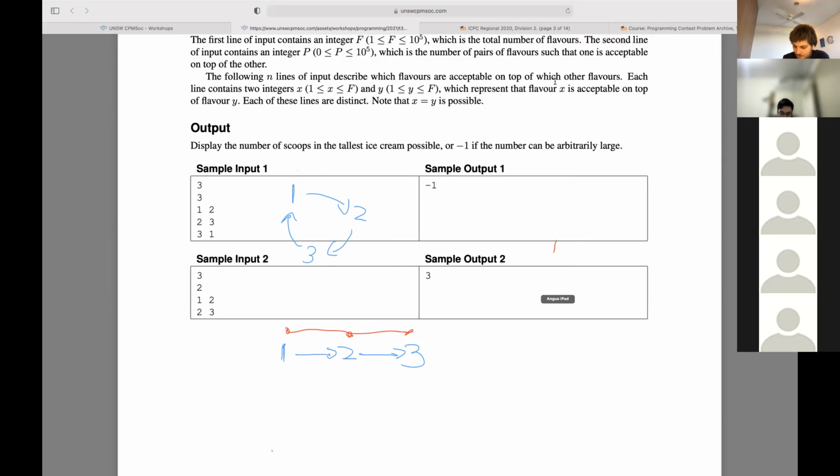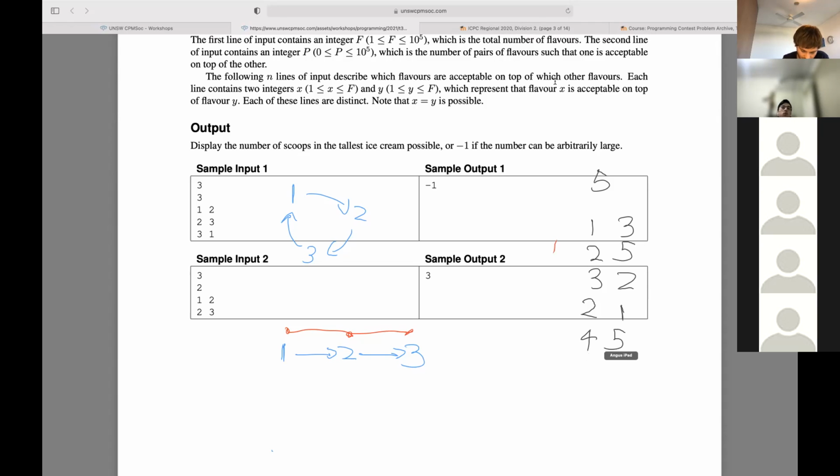A more complicated input, let's say we had the input 5. We could have 1 on top of 3, 2 on top of 5, 3 on top of 2, 2 on top of 1, and maybe 4 on top of 5.